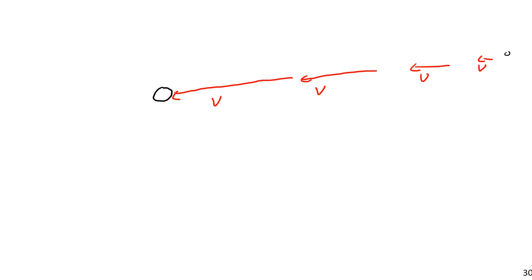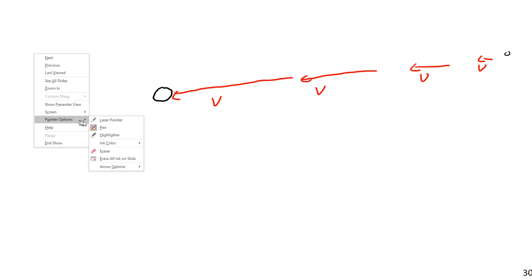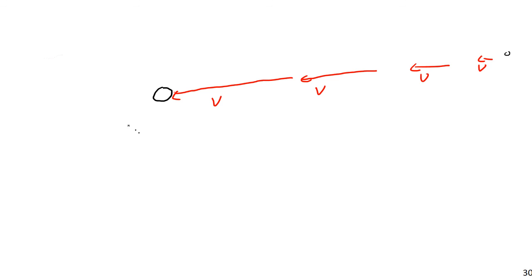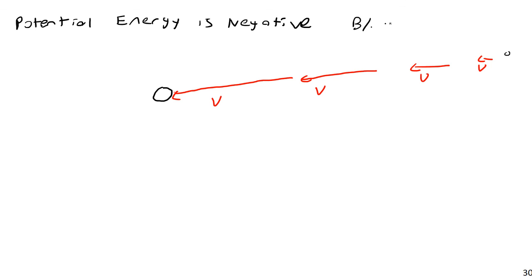So this is why potential energy is negative. Potential energy is negative because every object is inside a gravity well, trapped in gravity wells.